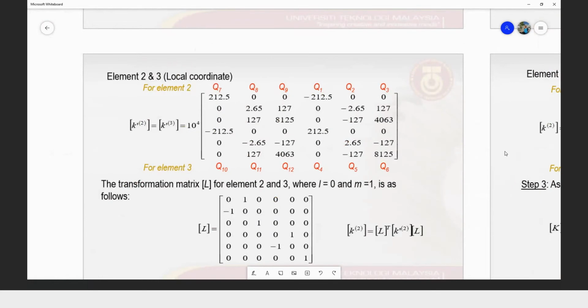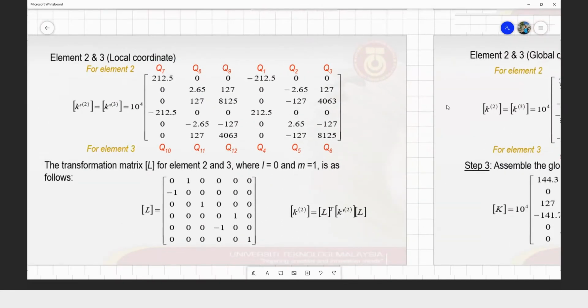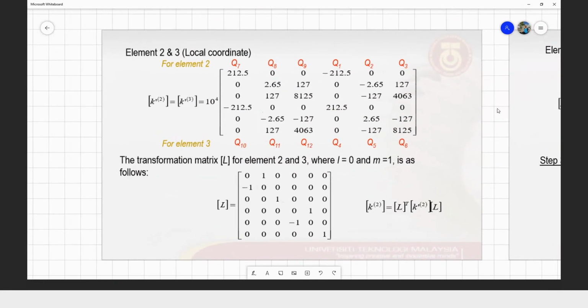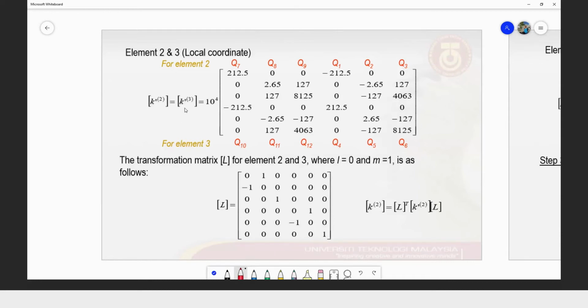All right. But for the element other than 0 degrees, you have to work with the local coordinate system first, and then perform this kind of analysis in order to transform from the local to the global.